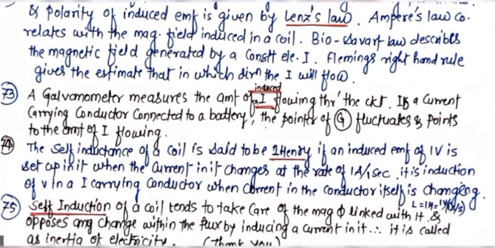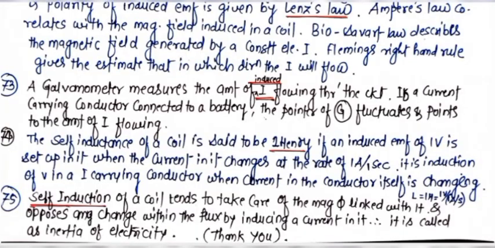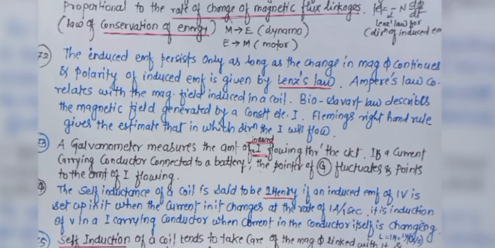Self-inductance of a coil is said to be 1 Henry if an induced EMF of 1 volt is set up in it when the current in it changes at the rate of 1 ampere per second. It is the induction of voltage in a current carrying conductor when the current in the conductor itself is changing, that is L is equal to 1 Henry when 1 volt is set up due to the change in current of 1 ampere per second.